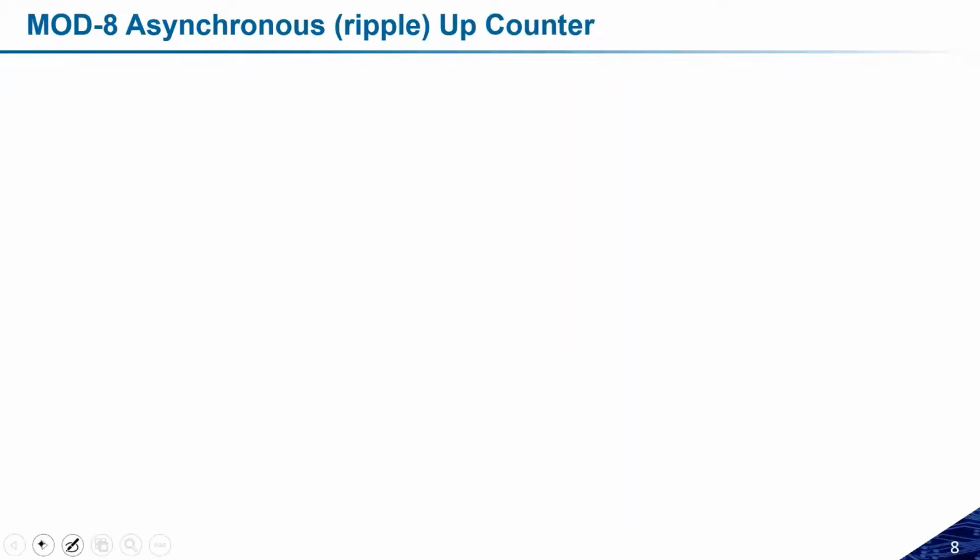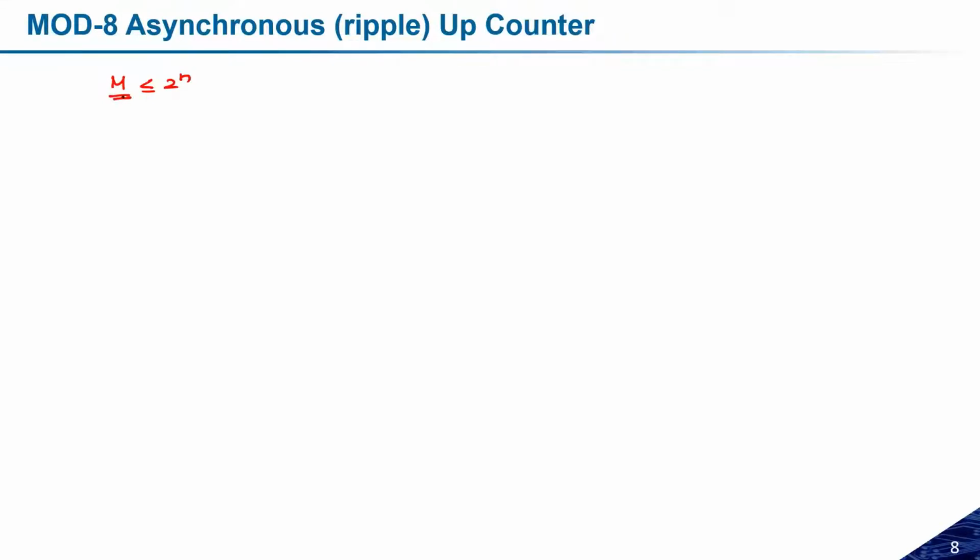As of now we have studied how we can make the mod 4 up counter, considering the asynchronous one. For mod 4, we need a total of 2 flip-flops. We know that the mod M is defined as M less than or equal to 2 to the power n, where n is the number of flip-flops required, and M is the possible mod that we can design.